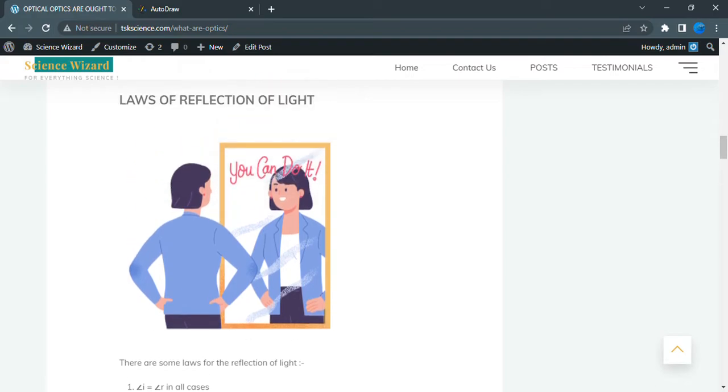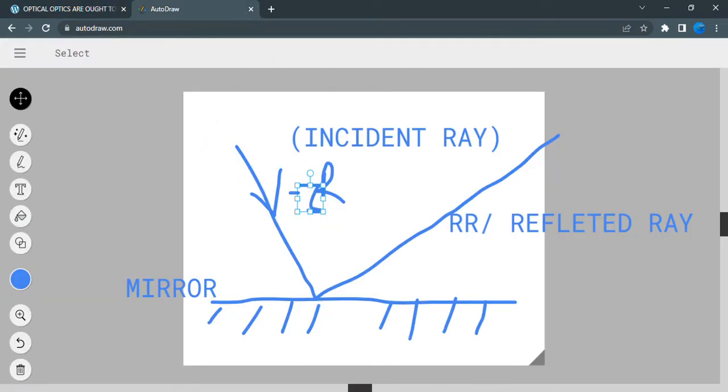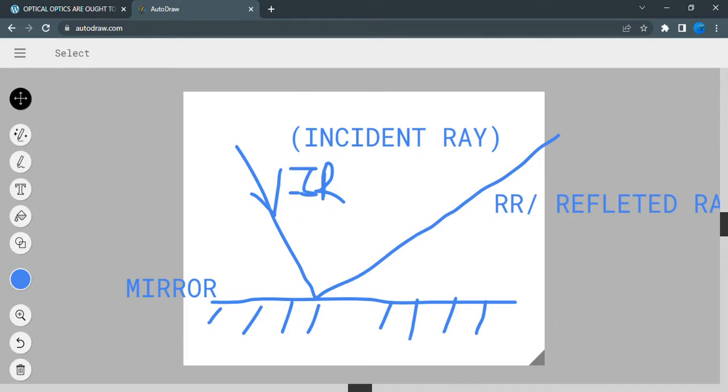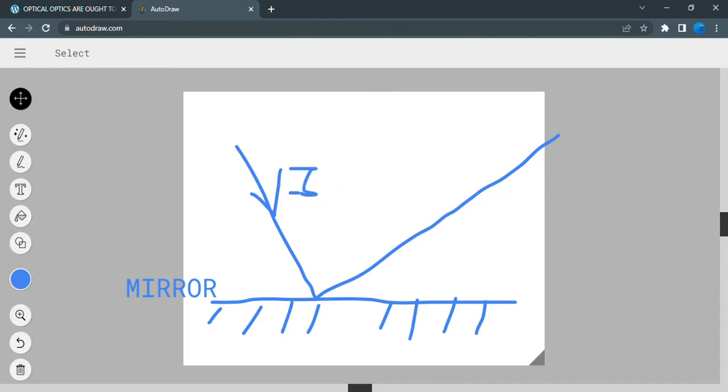Next, there are some laws of reflection of light. Number one, the first of which is that the angle of incidence is equal to the angle of reflection. Now, you might think, what is the angle of incidence or the angle of reflection? Let me tell you.